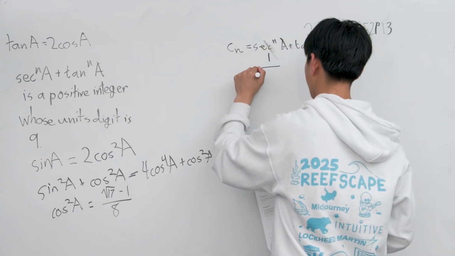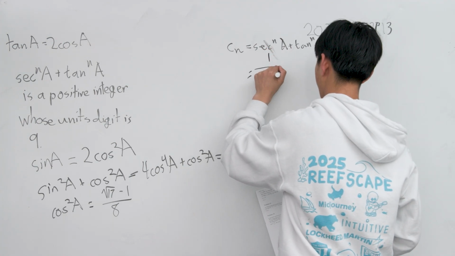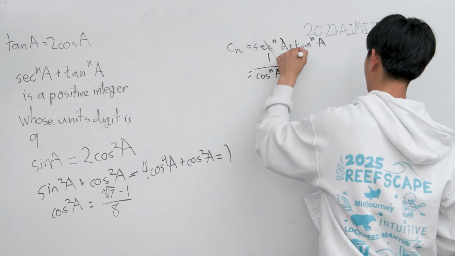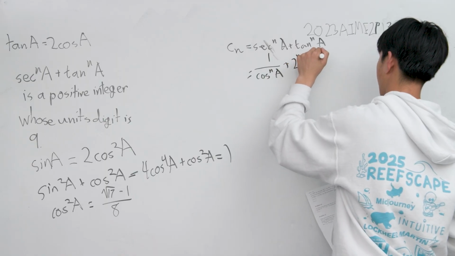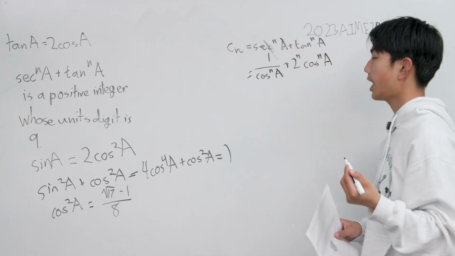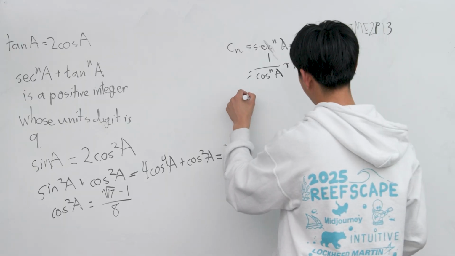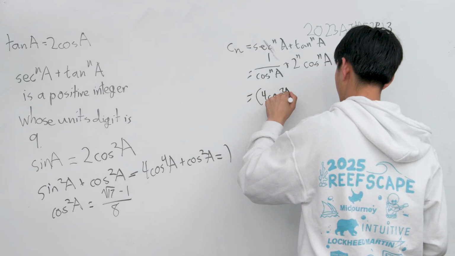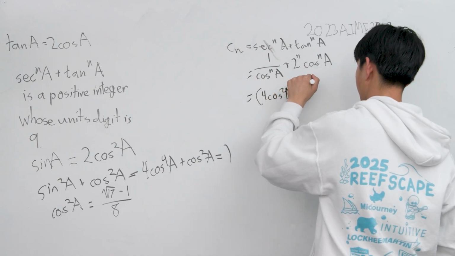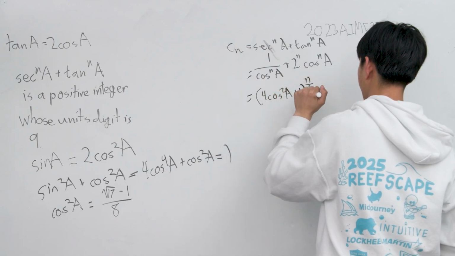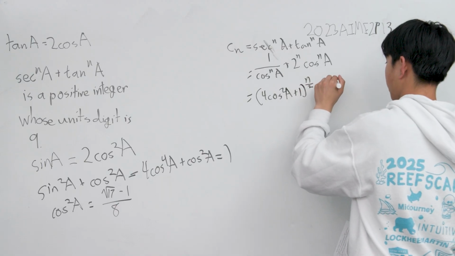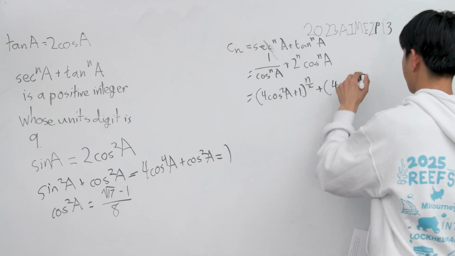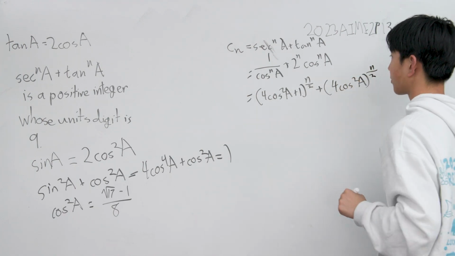This becomes 1 over cosine to the power of n of A plus 2 to the power of n cosine to the power of n of A. This further becomes 4 cosine squared of A plus 1 to the power of n over 2 plus 4 cosine squared A to the power of n over 2.